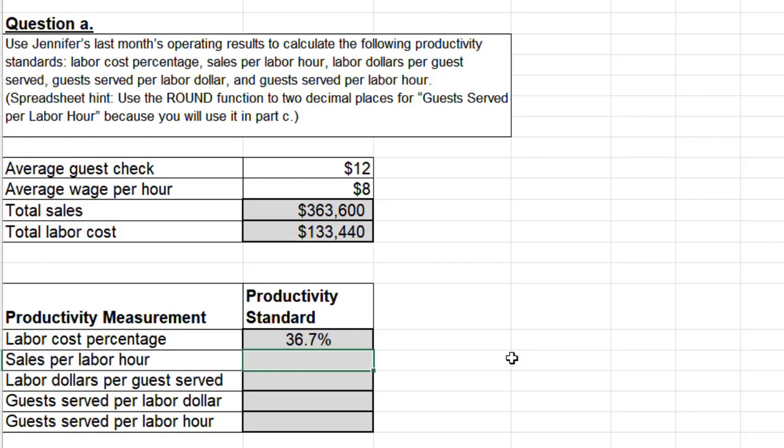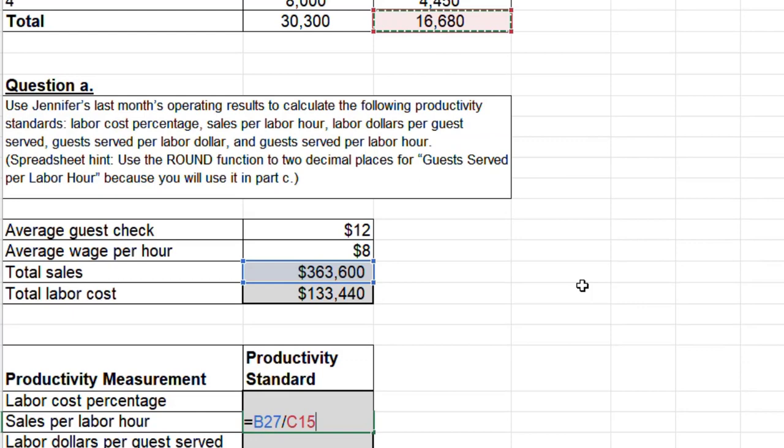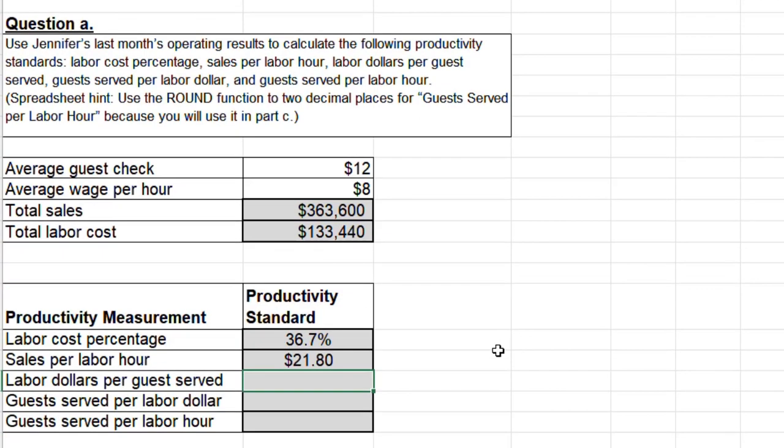Then we want to know how much sales is generated per labor hour. So in order to get that, we are going to take our sales and divide that by our labor hours, which is up here. All right, so for every hour that's worked, we generate $21.80 in revenue.